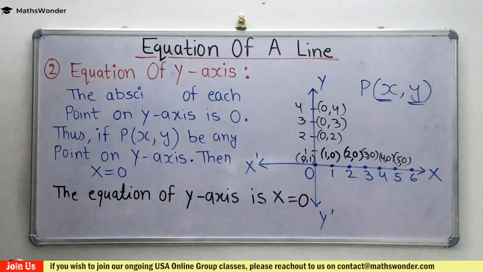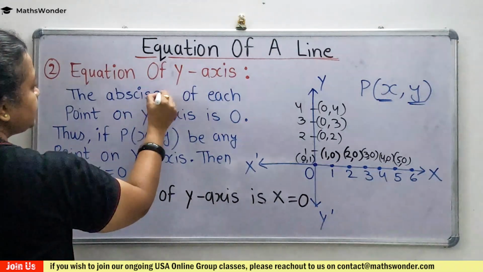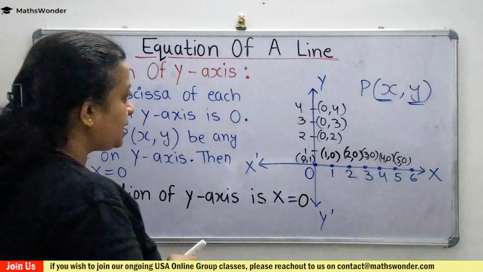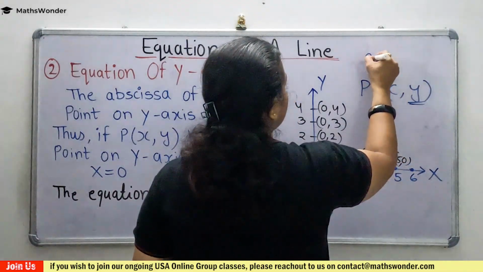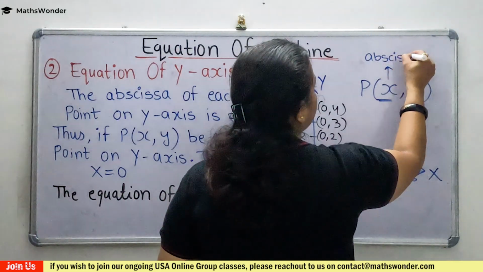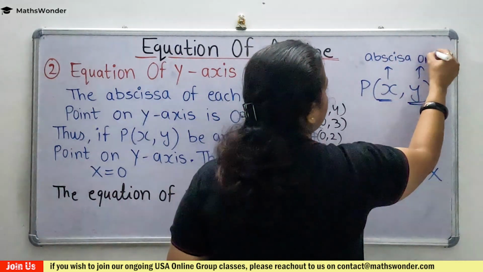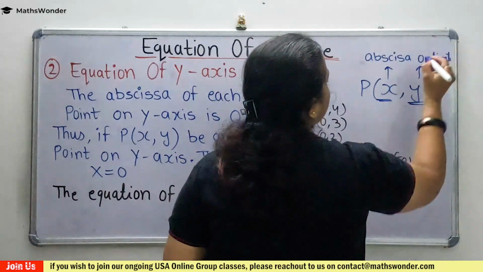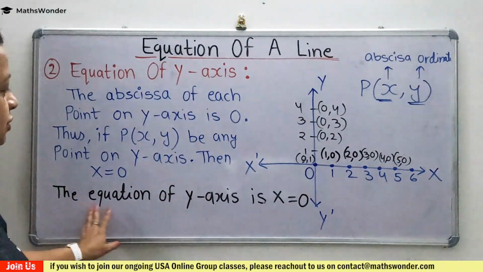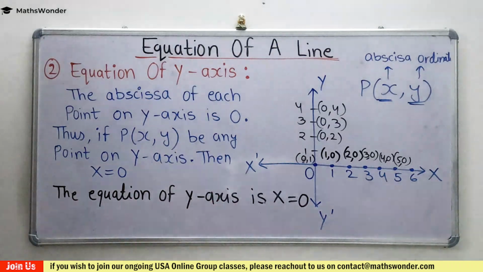Abscissa means the first part of the point and ordinate means the second part. Understood? This is your abscissa and this is your ordinate. Very clear about the names. Any confusion? So the equation of the y-axis is x equals 0 for all points.